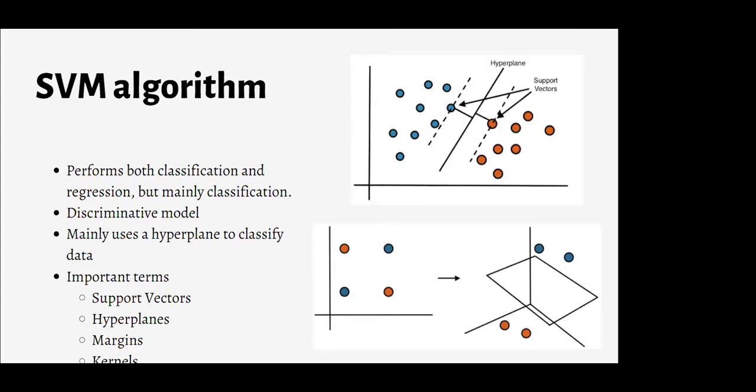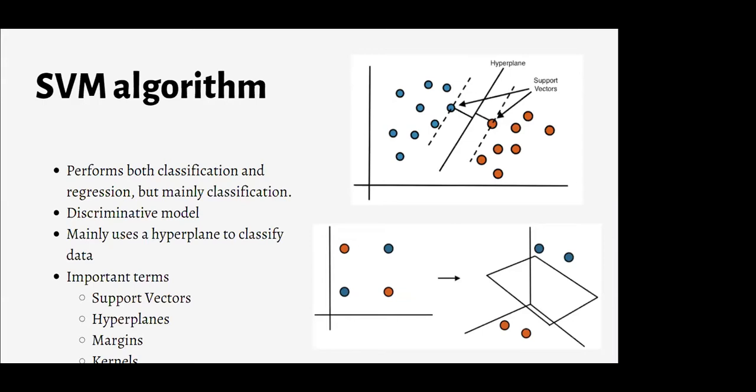The purpose of SVM is to maximize the separation gap, or the margin. Now I'll explain what a hyperplane is, since I've been speaking a lot about it. A hyperplane is a decision boundary that separates a given set of data points having different class labels. In the given graph, you can see that the hyperplane clearly separates the two classes, the blue data points and the brown data points.